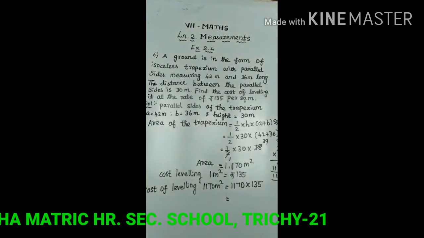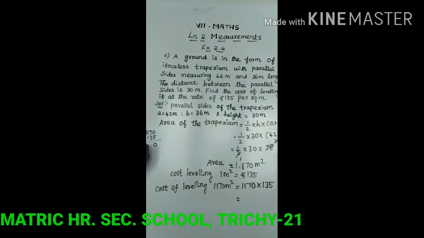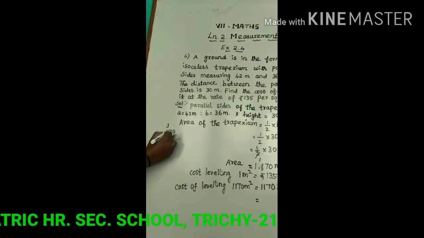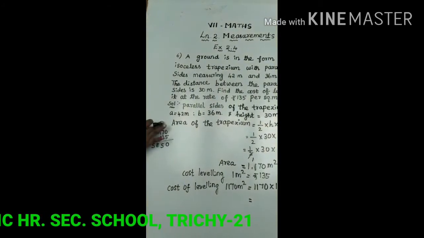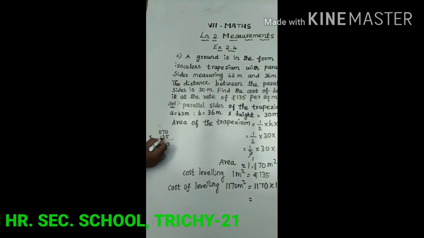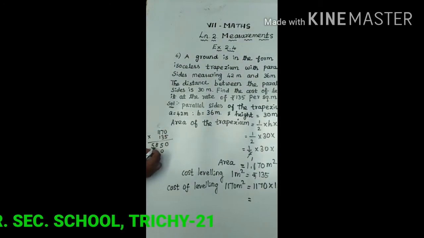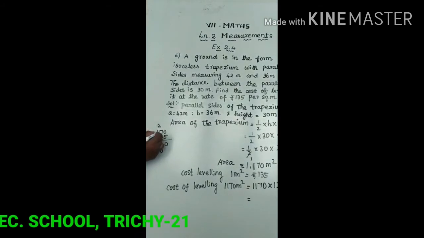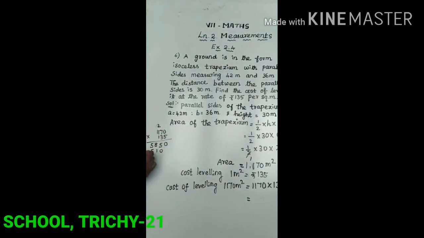135. 5 times 0 is 0, 5 sevens are 35, remainder 3, 5 ones are 5, 5 plus 3 is 8, 5 ones are 5. The second number: multiply with 3 into 0 is 0, 3 sevens are 21, remainder 2, 3 ones are 3, 3 plus 2 is 5, then 3 ones are 3.